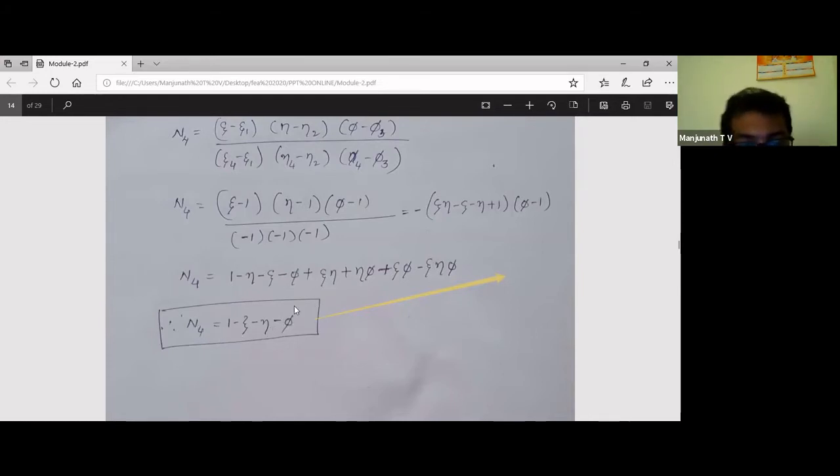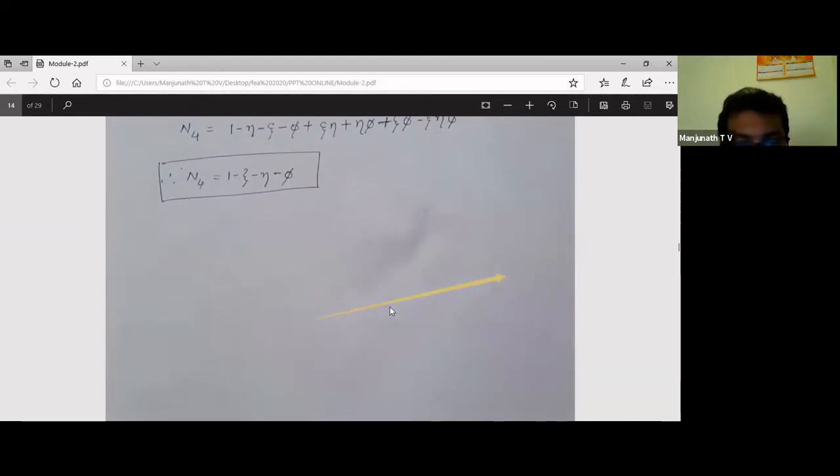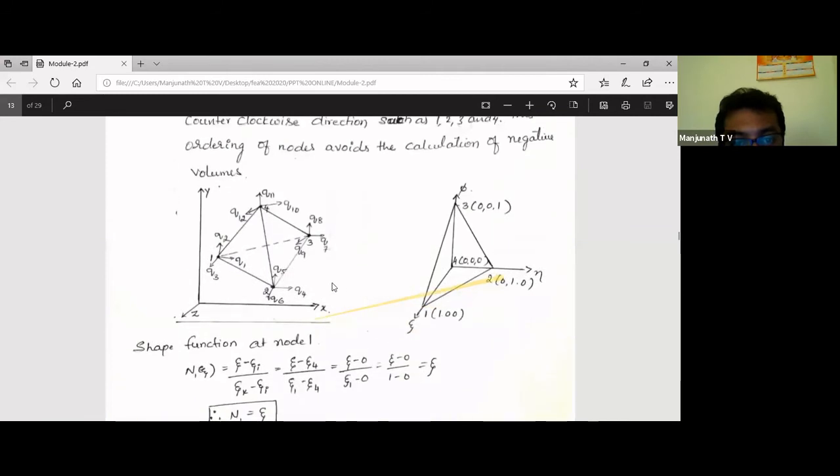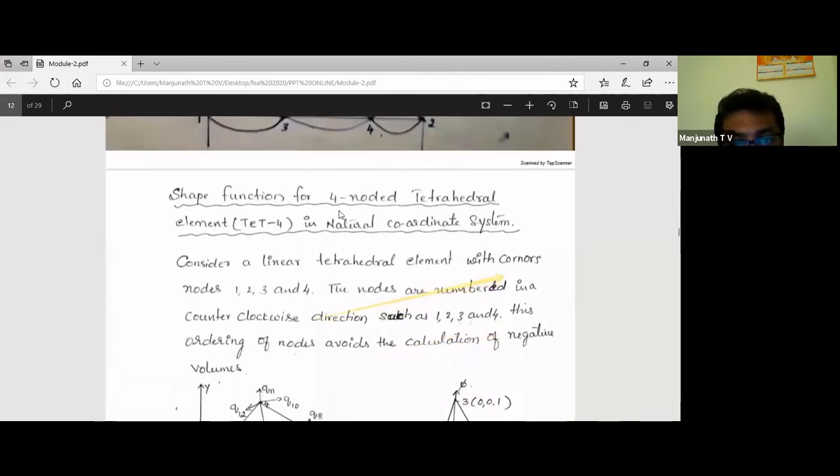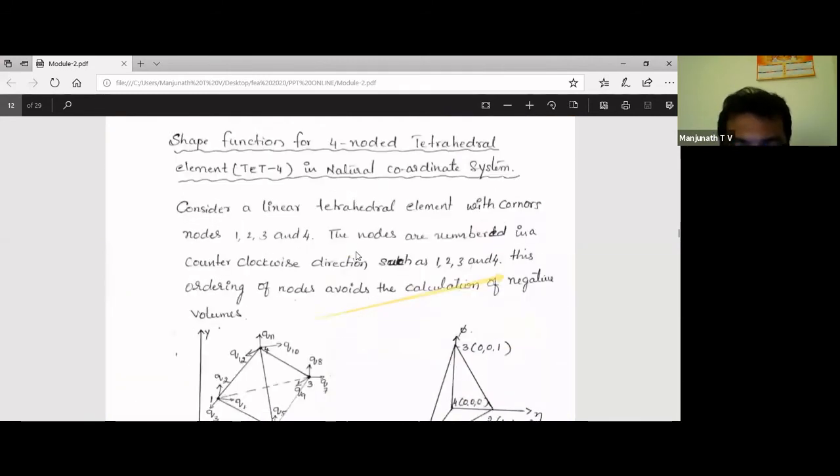That is how it satisfies the shape property of the shape function. This is how we obtain the shape functions for a four-noded tetrahedral element.